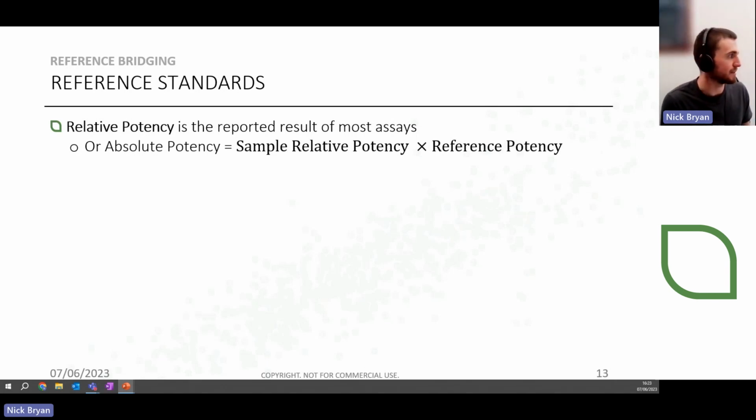We could consider this the absolute potency, and we can use this to assign an absolute potency value for our test sample batches. That would be by multiplying the relative potency of our sample by the reference potency label value, as it were.